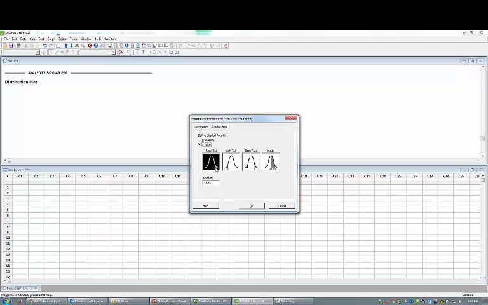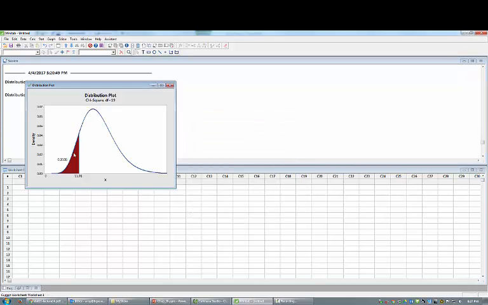If it was greater than, you would pick that. If it was less than, you would pick that, and you would get 11% on the left-hand side. And if it was greater than, you would get 88%, just like we did before. But here, once you find that smaller probability, you have to multiply it by 2 because it is two-sided for chi-squared.